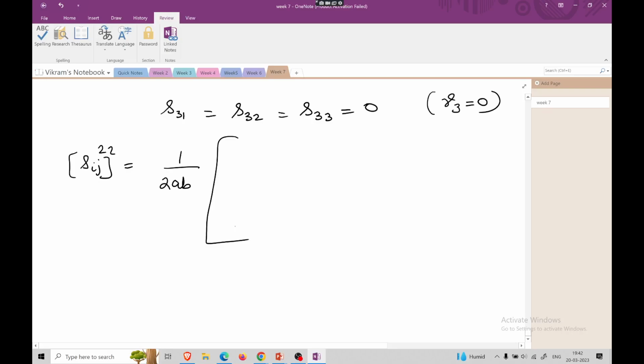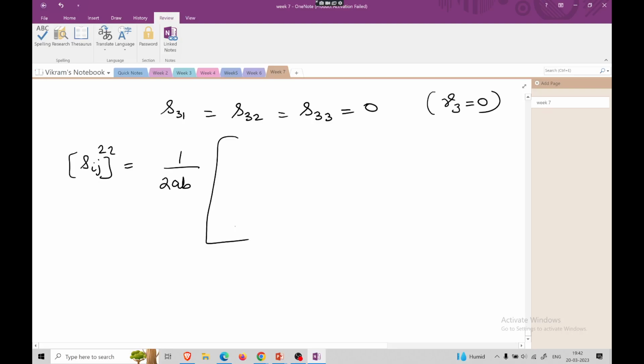So this was my second, this is my first. So I am going to simply add both. So Kij for the first element will be 1 by 2ab.